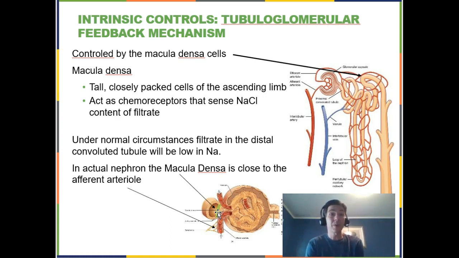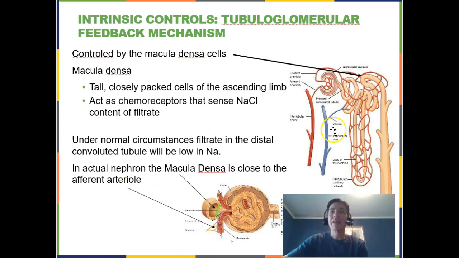So it uses sodium as a measure of how completely processed the filtrate is. Under normal circumstances, your body holds on to as much sodium as it can, or most of the sodium, which means sodium levels in the distal convoluted tubule should be relatively low.